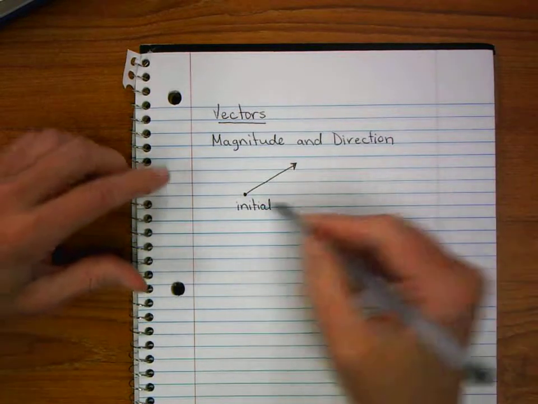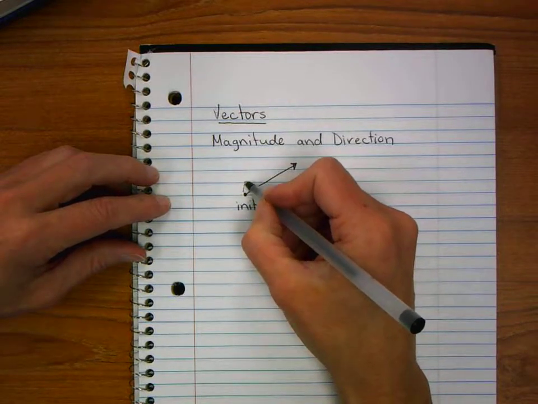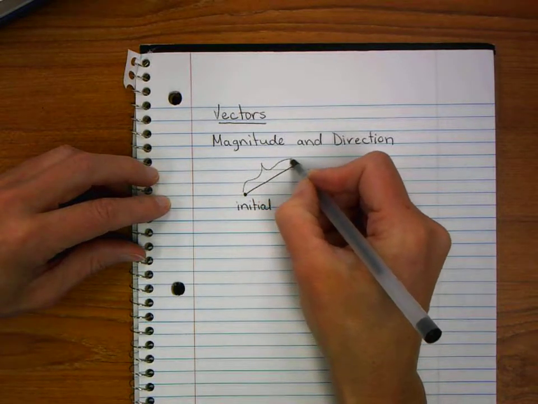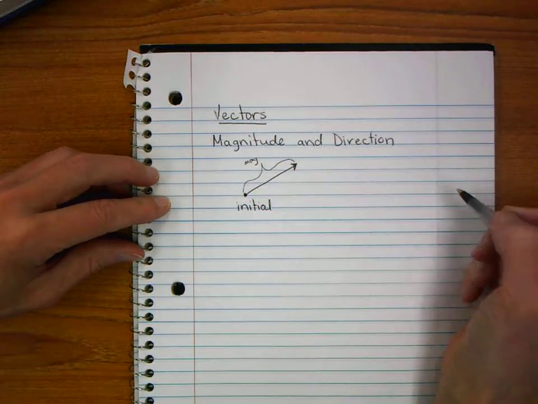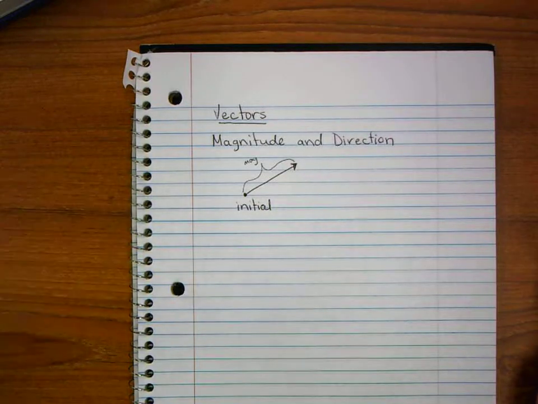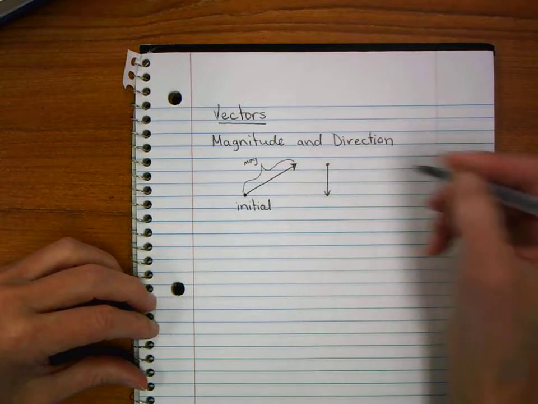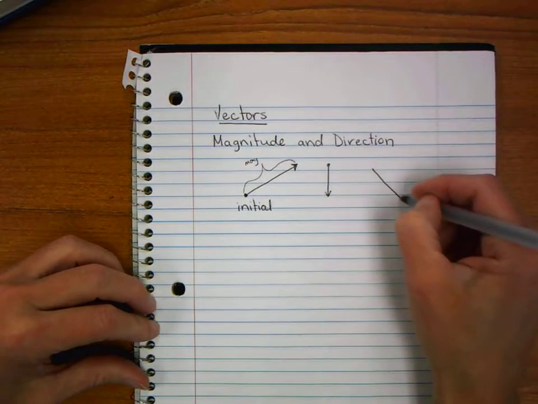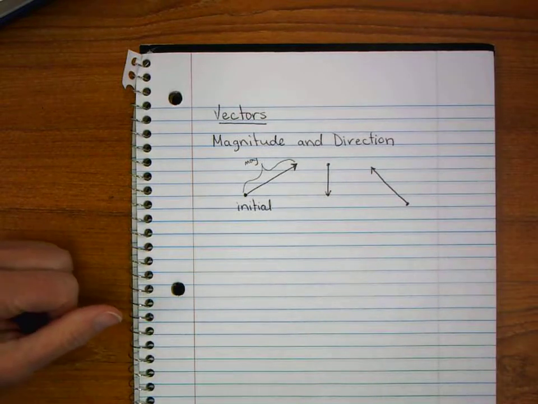The length of the vector is what we will call its magnitude. And as you can see, the arrow is showing a certain direction. So I could have all sorts of different vectors going in all sorts of different directions.